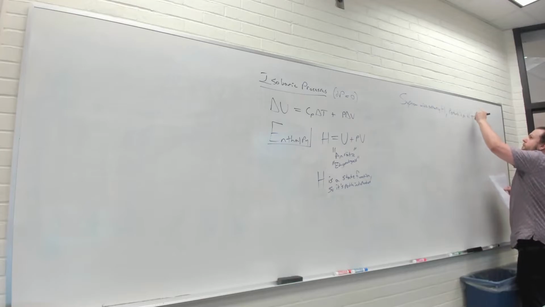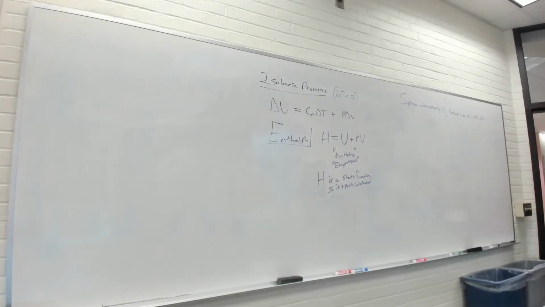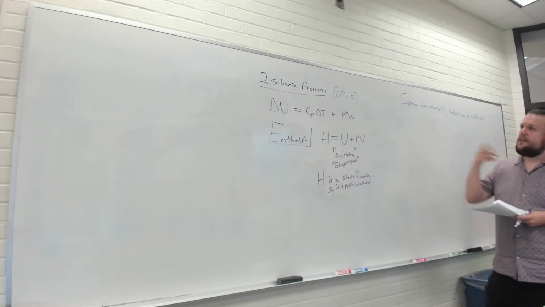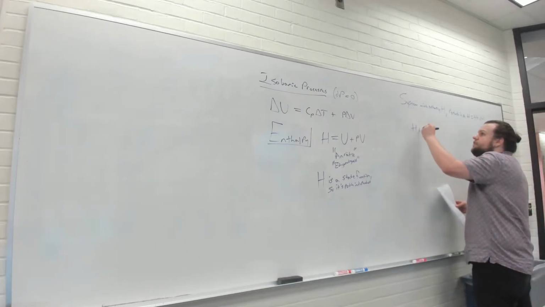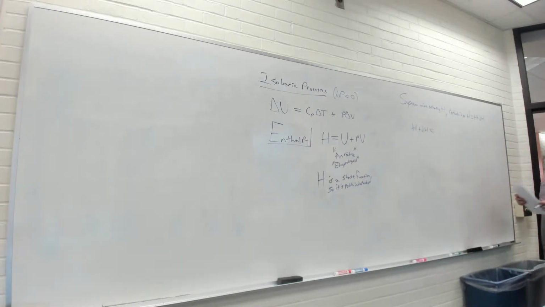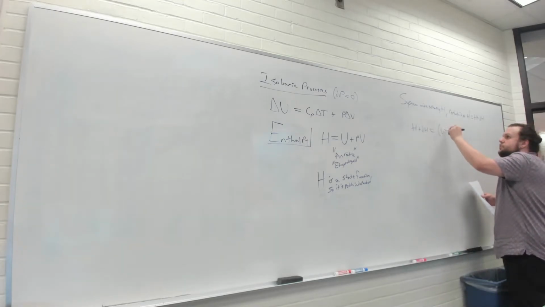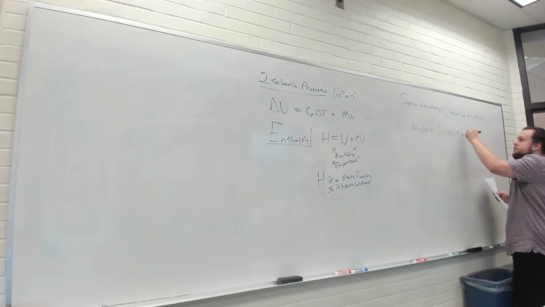So H prime is equal to H plus dH, right? We're going to put a little bit of enthalpy into the system. Right? There's a small amount of energy. Okay, so how does the rest of the equation change? So let's do H plus dH is equal to, and now we apply the function. Well, U might change a little bit, so U plus dU. Maybe pressure changes, and maybe volume changes.